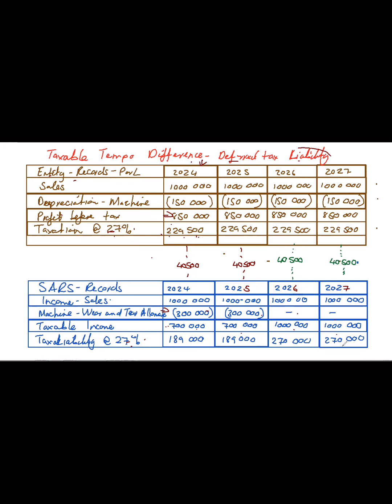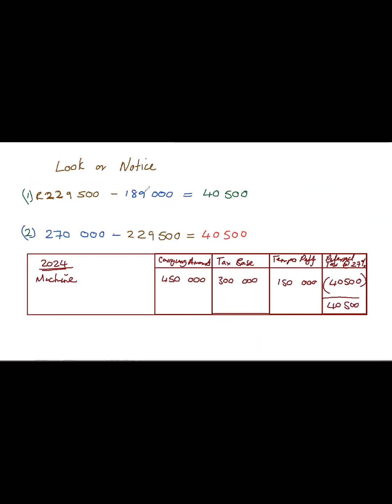That's why it is then called a liability. So here, let's go to the next page. Let's look at the difference. If you say 229,500 minus 189, you get how much? 4,500. So this is the taxation that SARS has missed out in 2024. And then I took the liberty and gave you the calculation according to this table.